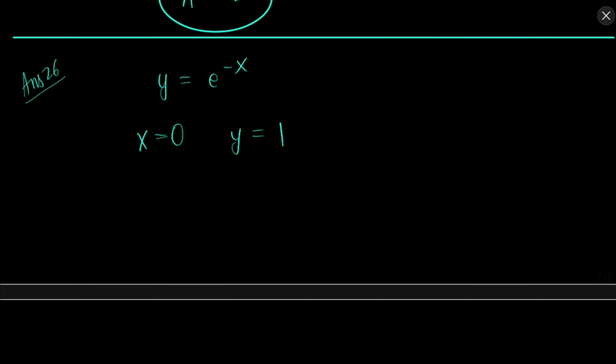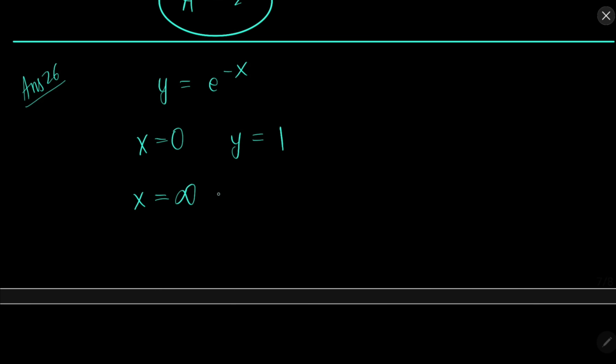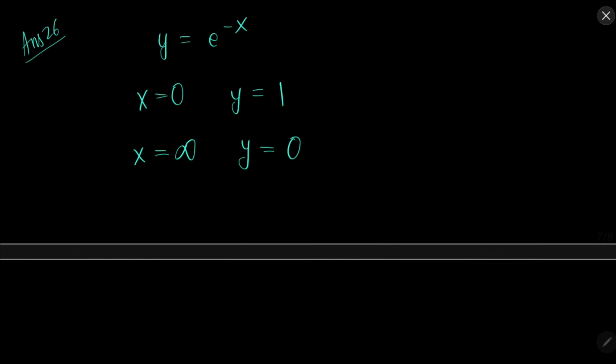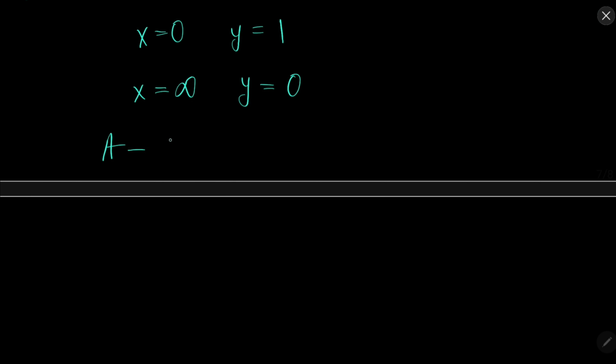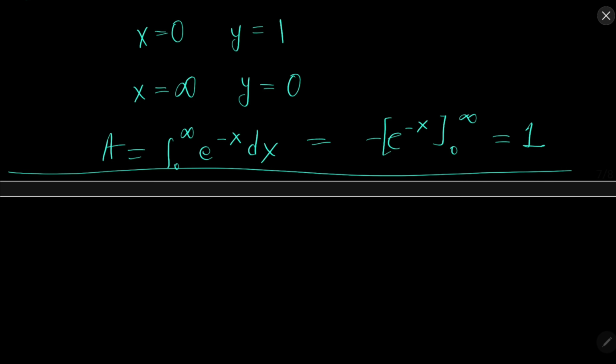As x increases, y decreases, and when x is infinity, at that place y will become 0. So area will be integral from 0 to infinity of e to the power minus x dx, because we are using limits of x. So it will be minus e to the power minus x, 0 to infinity. Once you put the value, you will get 1.